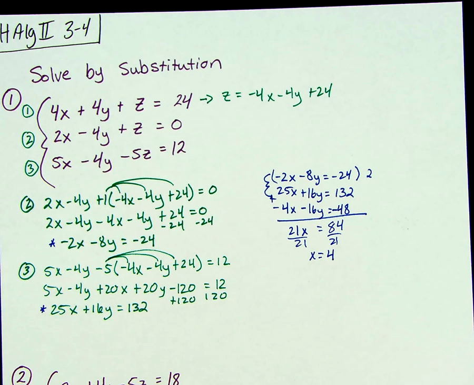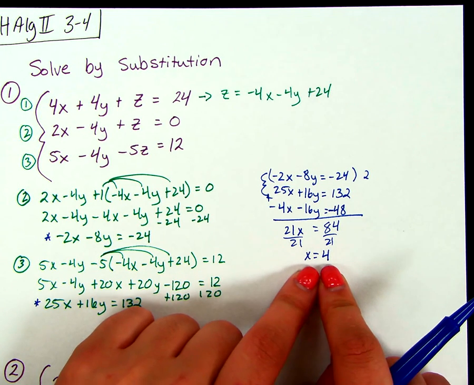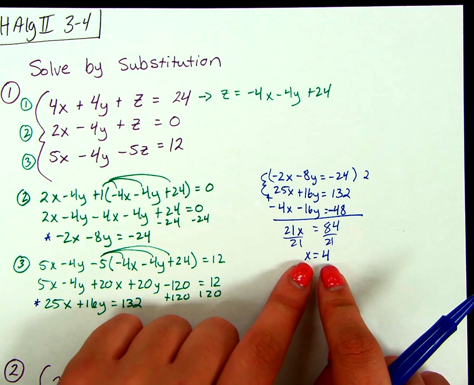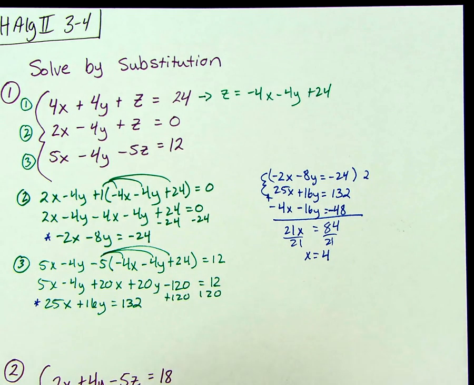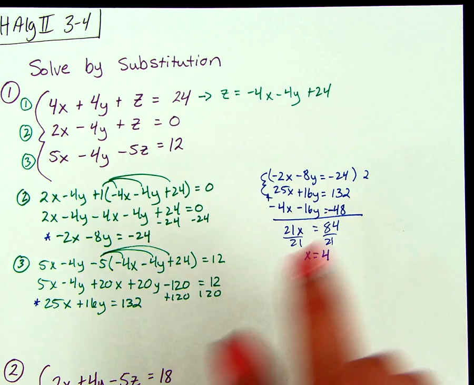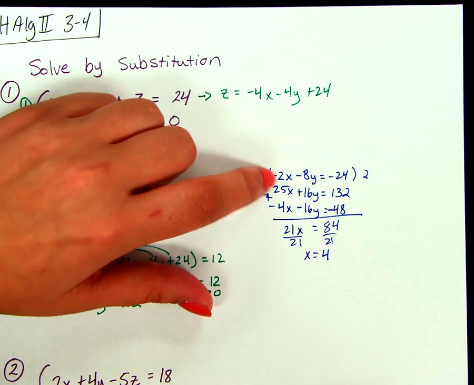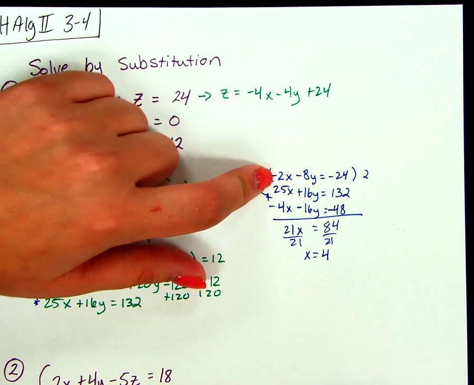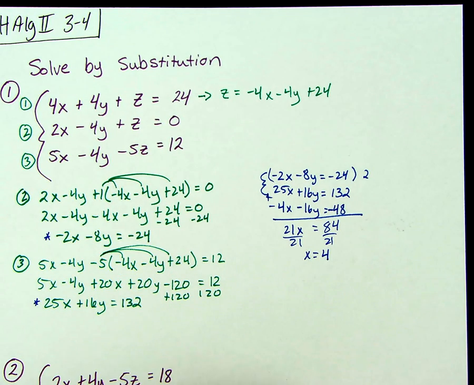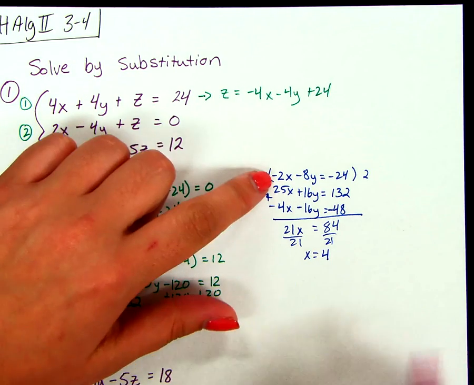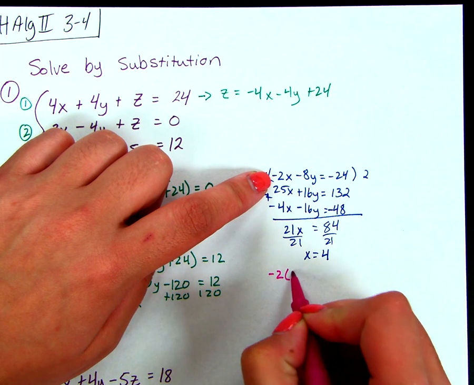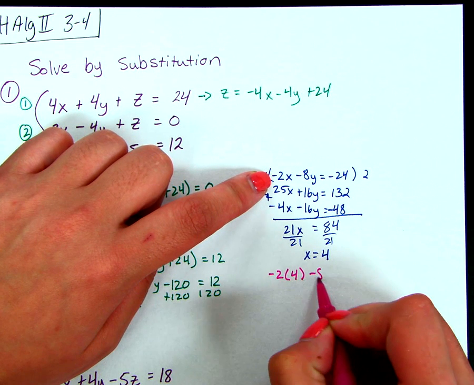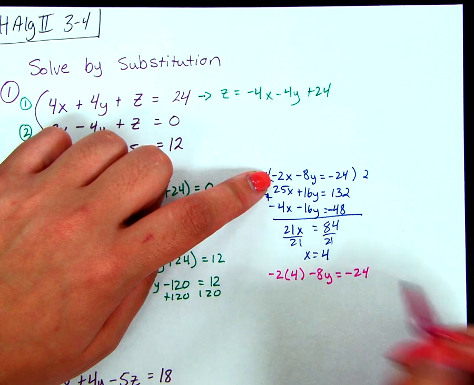So we have one of our variables, and now we have to find the other two. Since we know our x value, to find our next variable we're going to plug it into this system. I'm going to take my 4 and pick either the top one or the bottom one, and replace x. I'm going to choose the top one because the numbers are smaller. So we would have negative 2 times 4 minus 8y equals negative 24.